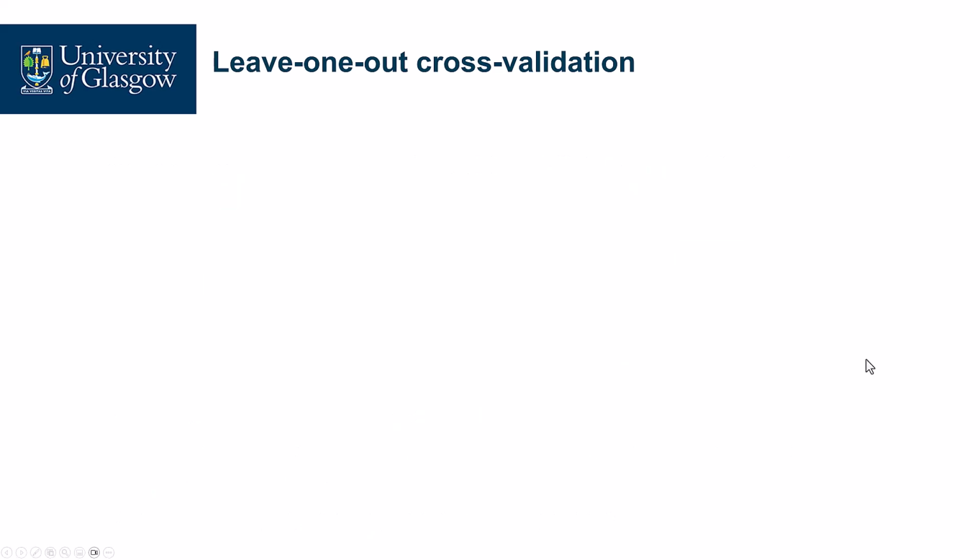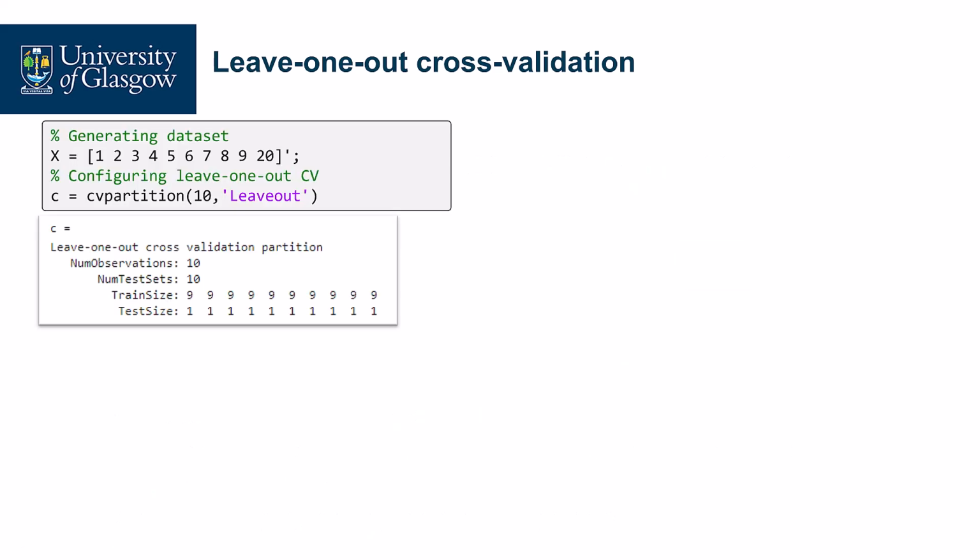So how to implement it? Here I show one example. I generate some data set, so 1 to 9 and then 20, right? Now I still use cvpartition. This is the size of X, and then I use leave out. Here is the result. It provides me 9, 1, 9, 1.